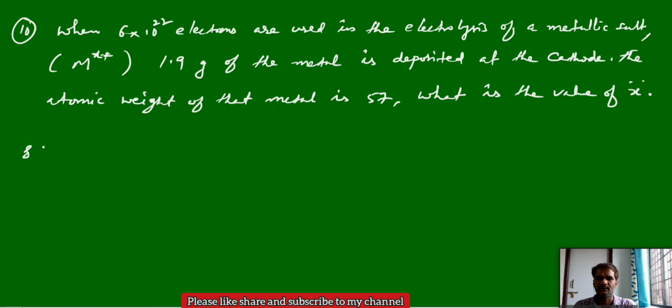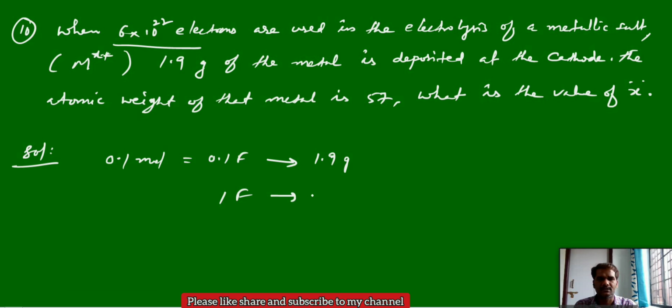Very simple one. When you pass 6 into 10 power 22 electrons, what does it mean? 0.1 mole electrons. 0.1 mole electrons is a charge of 0.1 Faraday. If you pass 0.1 Faraday, 1.9 grams is deposited. Then for 1 Faraday, how much substance can deposit? 19 grams.